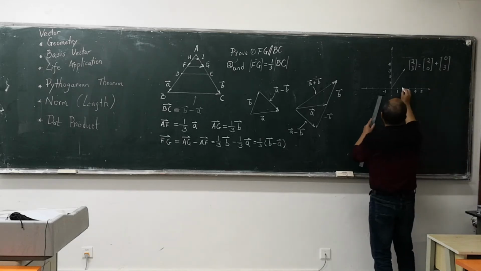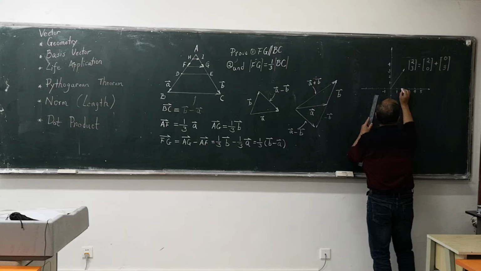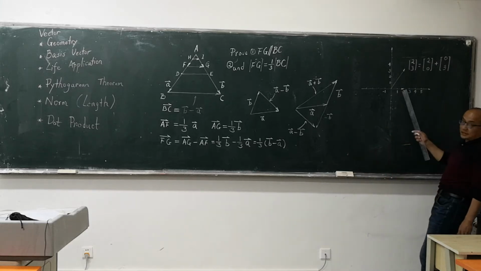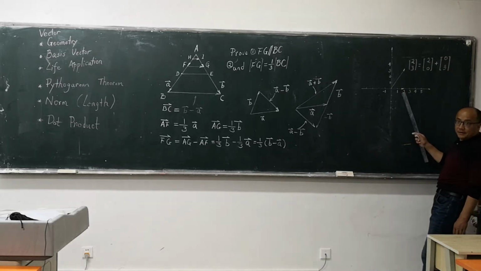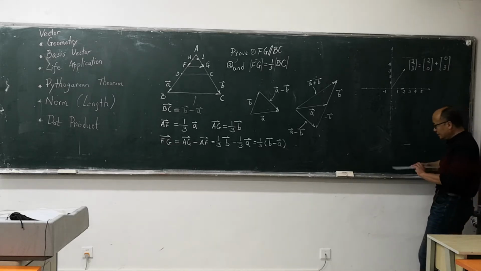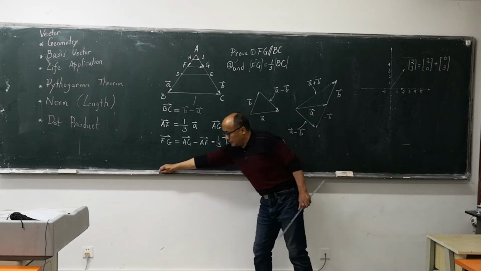(2, 0) is this vector, okay? Agree? Do you need me to draw it with a color?